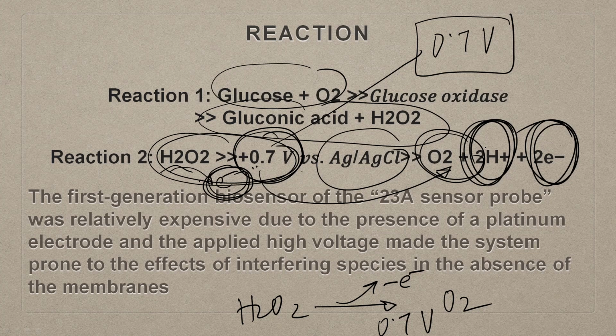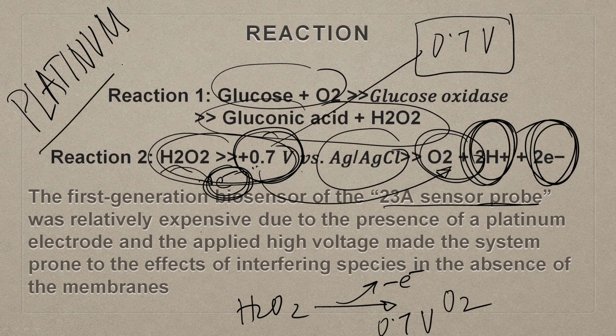The first generation biosensor probe was relatively expensive due to the presence of this element, because platinum is costly. It is platinum which made it fairly expensive, and that set the tone for the next generation.